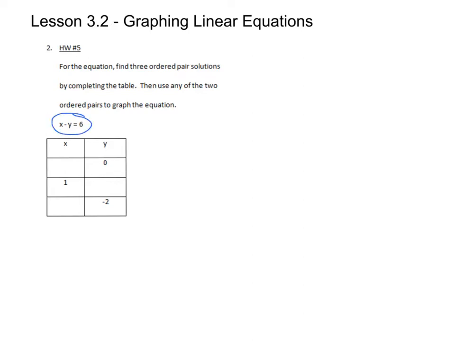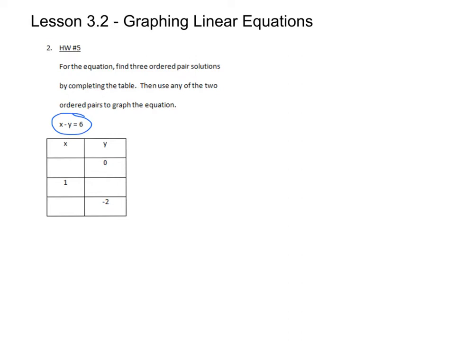It's going to give you an equation, and we need to find 3 ordered pair solutions by completing this table. And then once we do that, we're going to choose 2 of them, and we're going to use those to graph. So most of today's lesson will be all about 2 words, substituting and solving, which we learned how to do in lesson 3.1. So let's go ahead and do this.